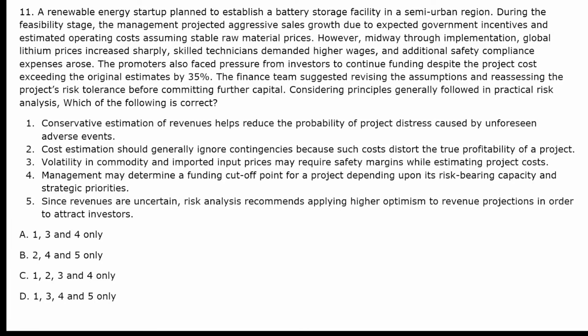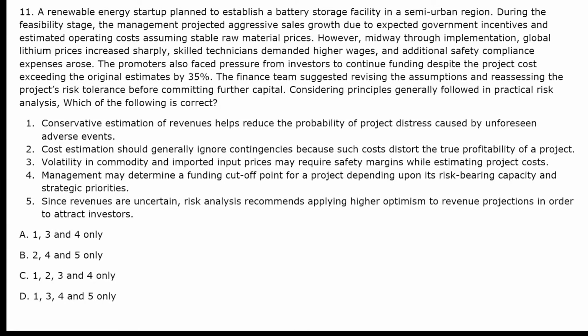Skilled technicians demanded higher wages, and additionally, safety compliance expenses arose. The promoters also faced pressure from investors to continue funding despite the project cost exceeding the original estimate by 35%. The finance team suggested revising the assumptions and reassessing the project's risk tolerance before committing further capital. Considering principles generally followed in practical risk analysis, which of the following is correct?